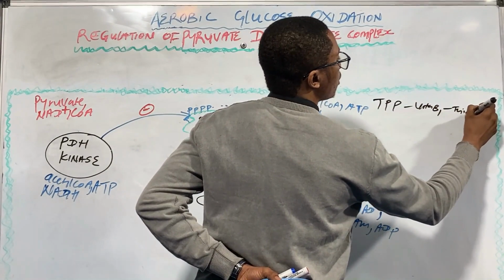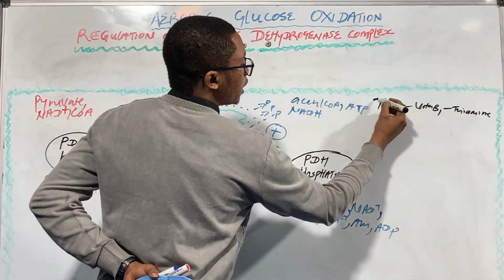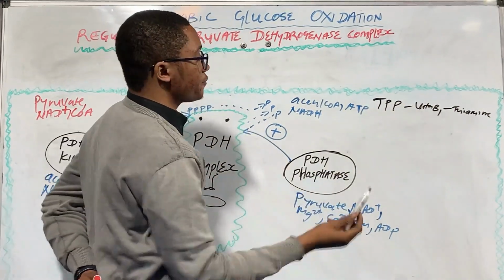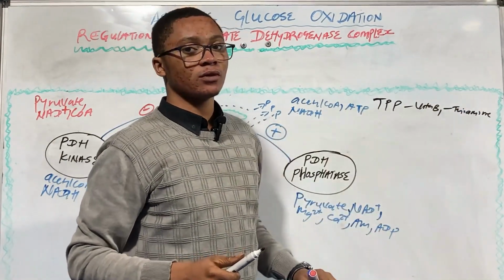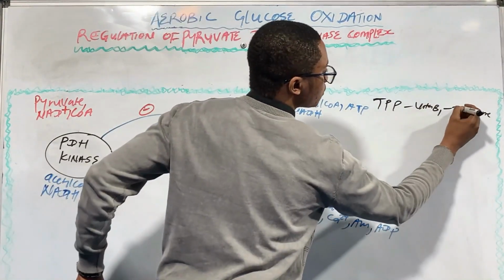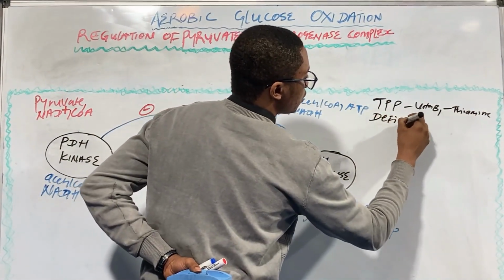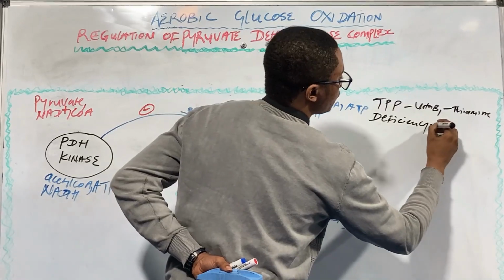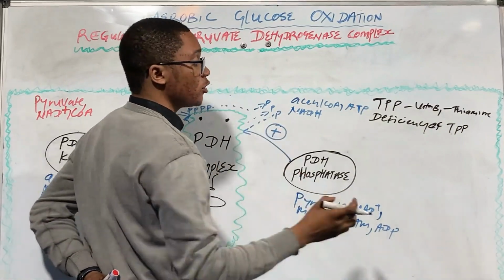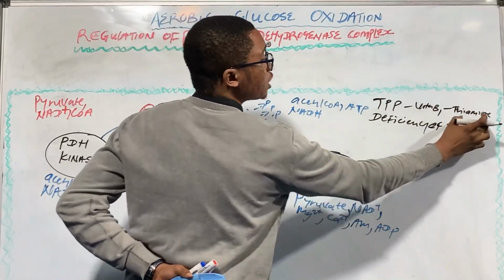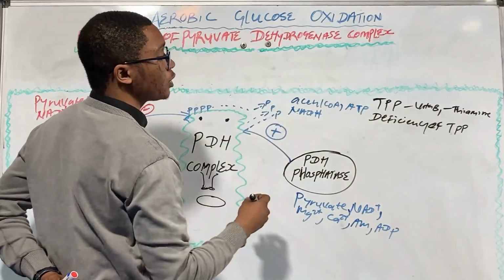Vitamin B1, which is thiamine. So when there is a deficiency of thiamine pyrophosphate, which means there's a deficiency of thiamine, the process of aerobic glucose oxidation cannot occur.